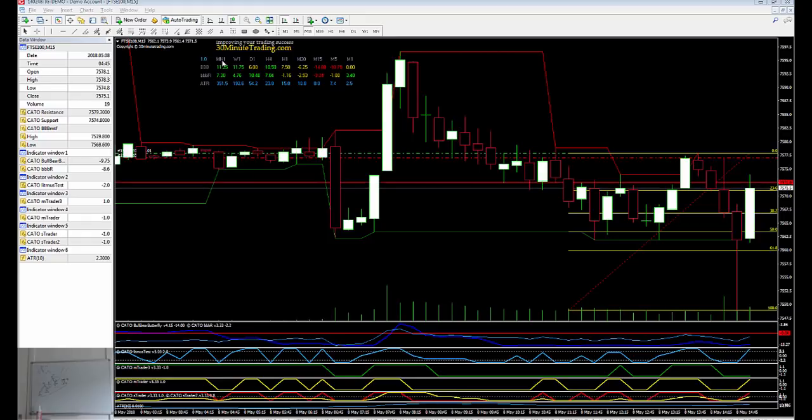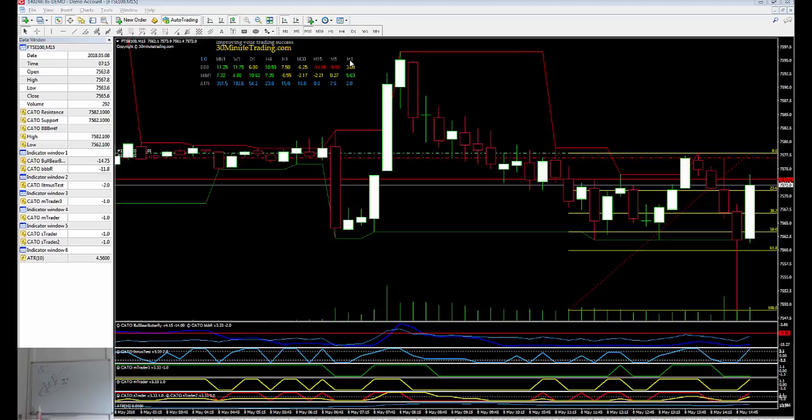And then it says MN1, that's monthly, W1 weekly, D1 daily, H4 4-hourly, H1 1-hourly, M30 30-minute, M15 15-minute, M5 5-minute, and M1 1-minute.